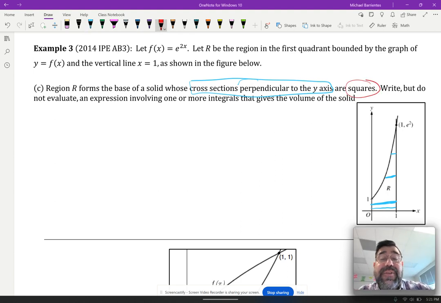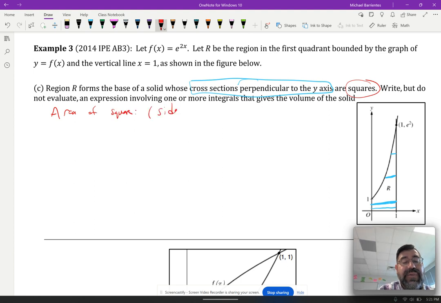I do know, however, that my shape is a square, and that's nice because some things are familiar here. So the area of a square, just to remind you, is side squared. Now I'm looking for the area function of the square. Well, I got to be careful because if you look carefully, I'm stacking from the bottom up, right?